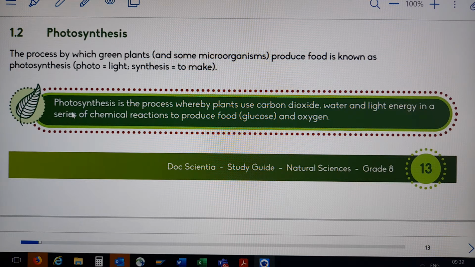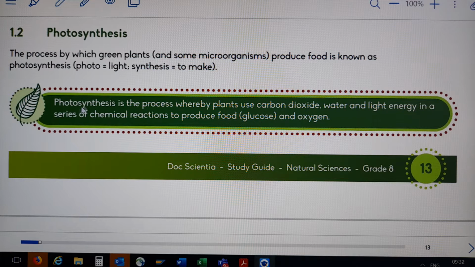Now they give us the full definition. Photosynthesis is the process whereby plants use carbon dioxide, water, and light energy in a series of chemical reactions to produce food and oxygen. And they say food in bracket is glucose, which is the starch.